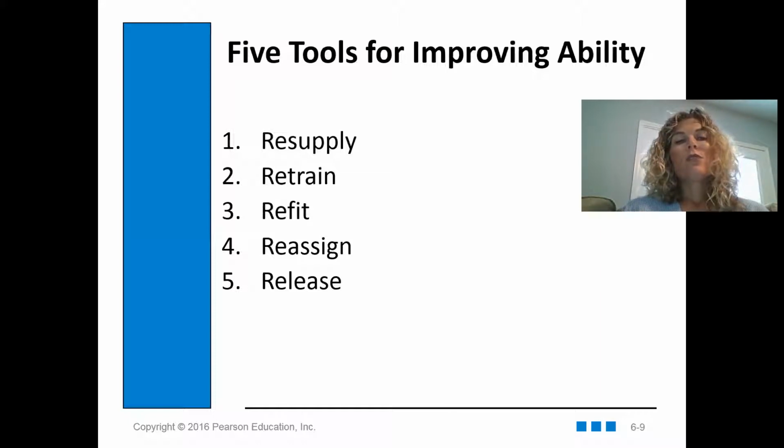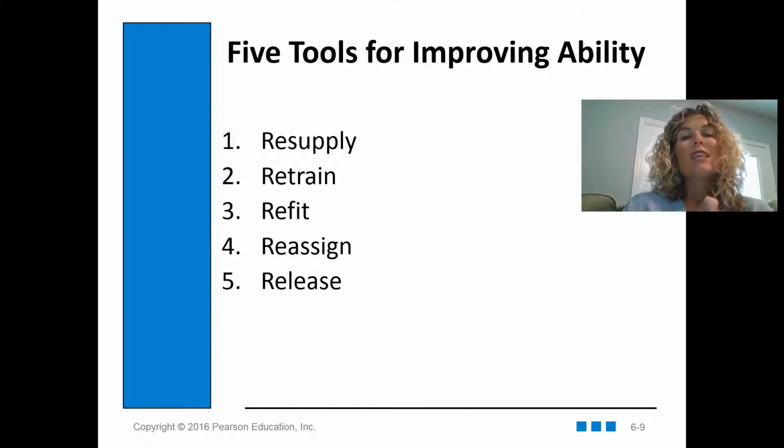Step 3, or tool 3, is refit. This essentially would look like I leave the person in their current job, but I take away some of their tasks. I refit the job around what they're good at.